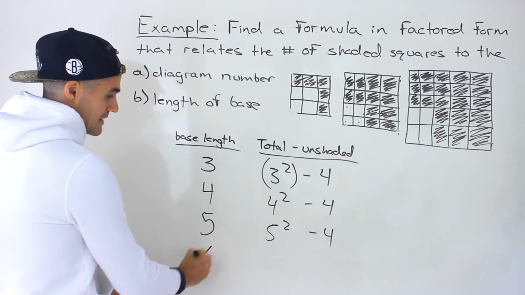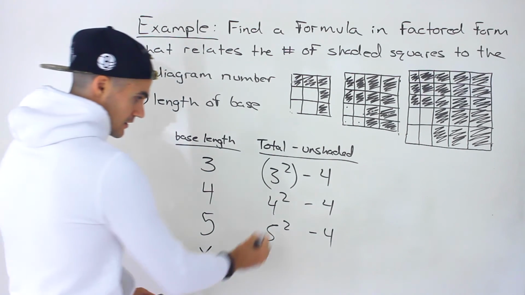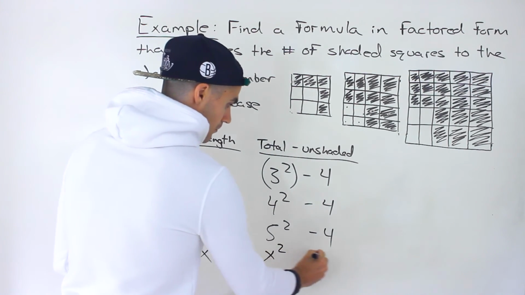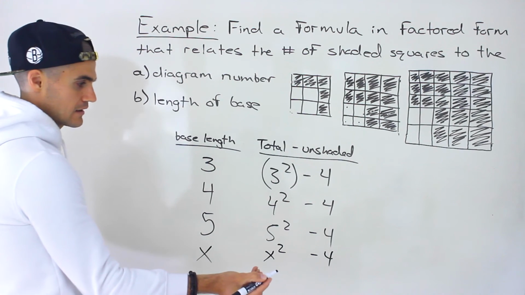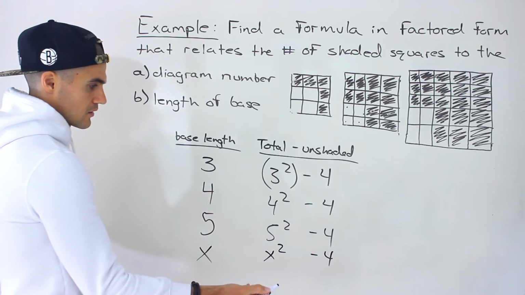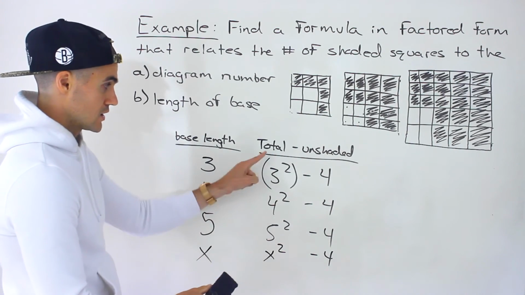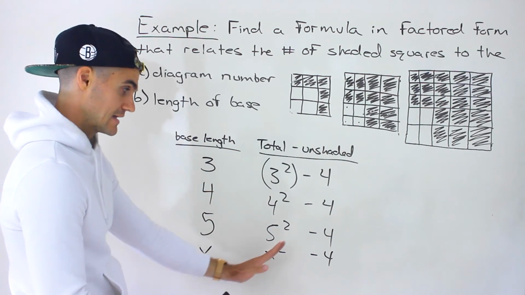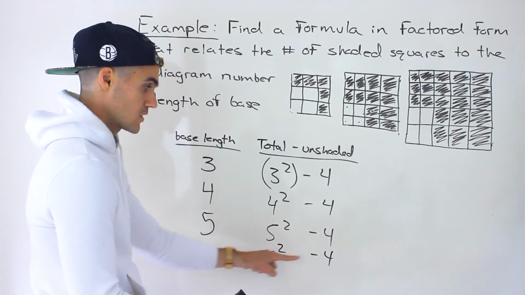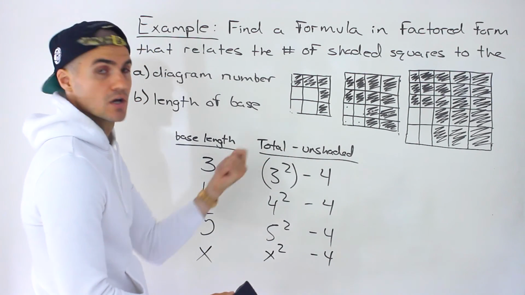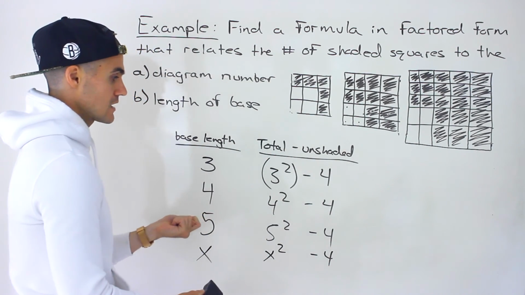And so if we have a base length of x, it's just going to end up being x squared minus 4, like that. Right? So whatever the base length is going to be, the number of shaded squares is going to be the base length squared, the total number of squares, minus the unshaded squares, which is just 4 in this case.